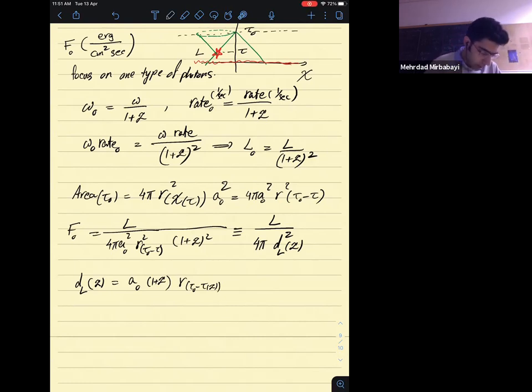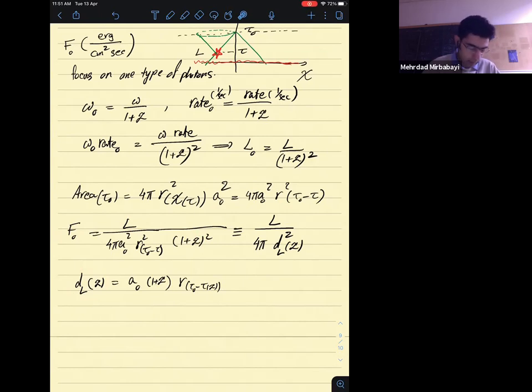So again, let me recap. We have a standard candle for which L is known. And the flux is measurable. So when we know L and we know the flux, we can determine, and we of course also measure the redshift, the luminosity distance as a function of the redshift.